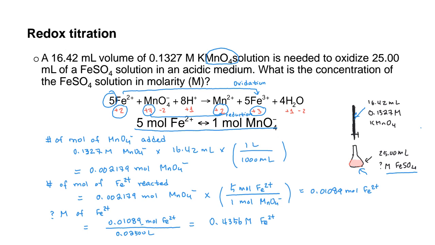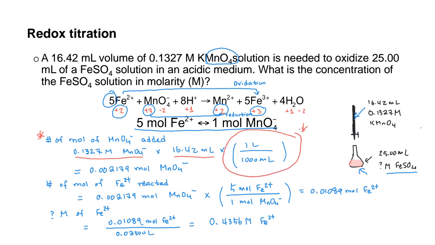First step, let's determine the number of moles of permanganate that was added during the titration. We start with the concentration of permanganate, which was 0.1367 molar, multiplied by the volume of permanganate you added, which was 16.42 milliliters, and we need to convert it to liter units.